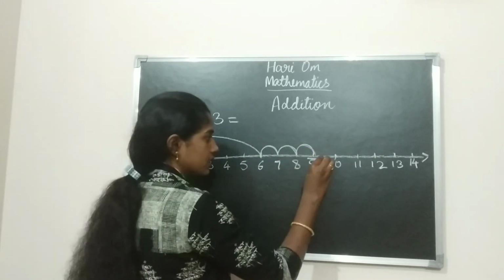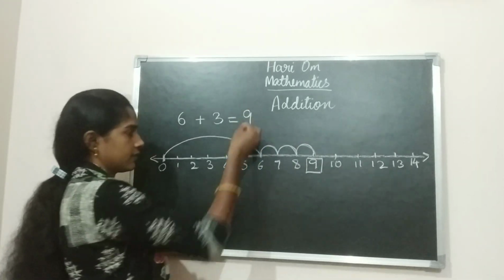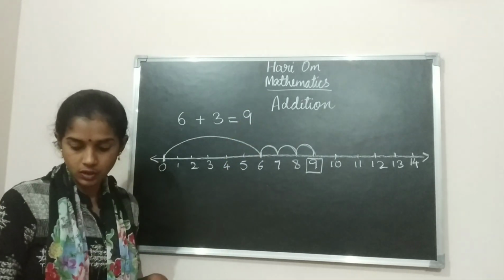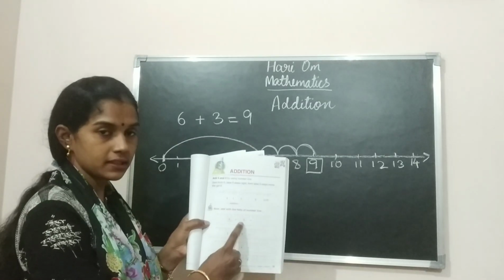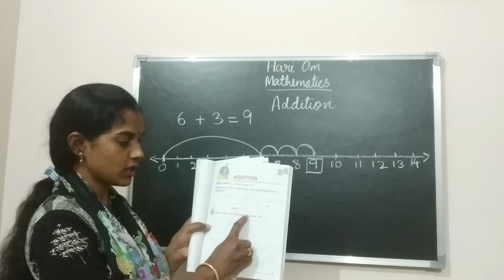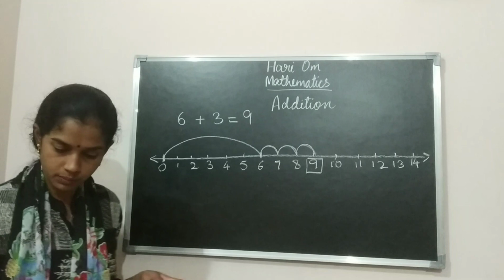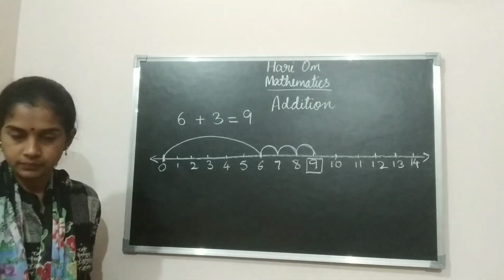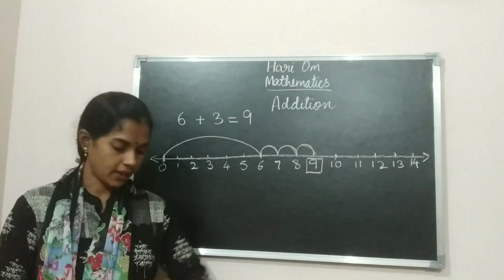So what is the answer? The answer is 9. Have you all understood, children? Solve that in your textbook. Solve it in your book, children. Have you all finished it?